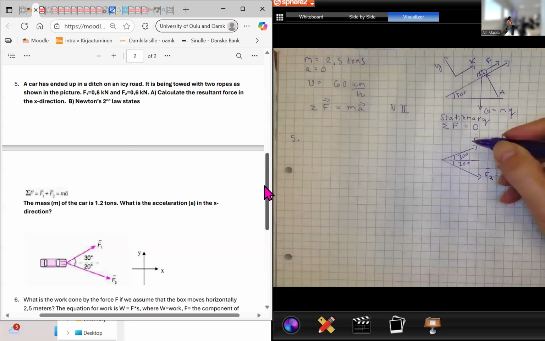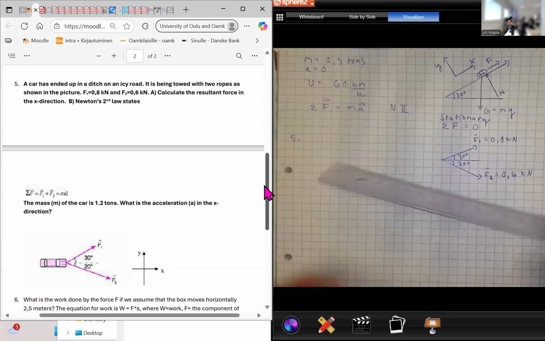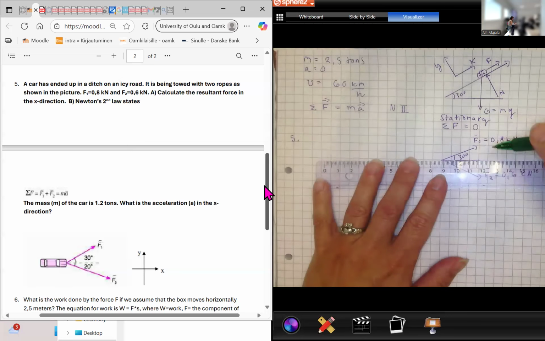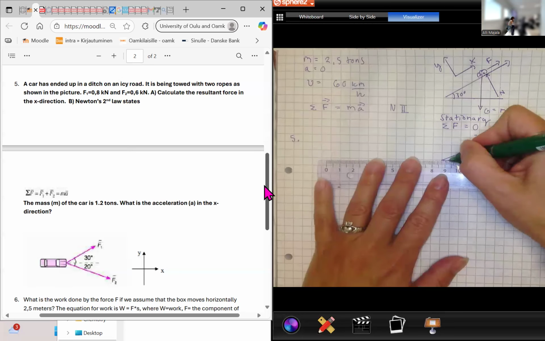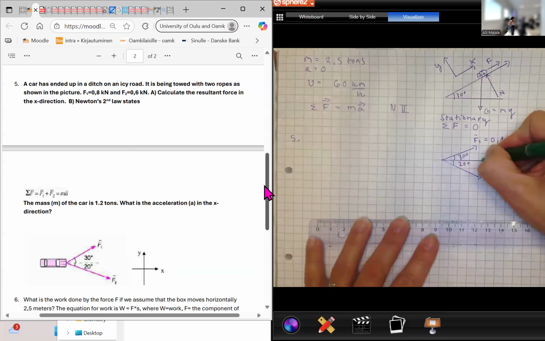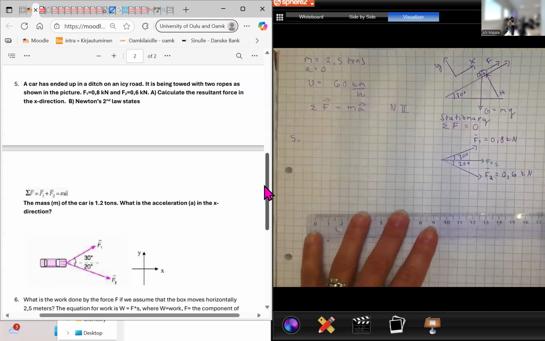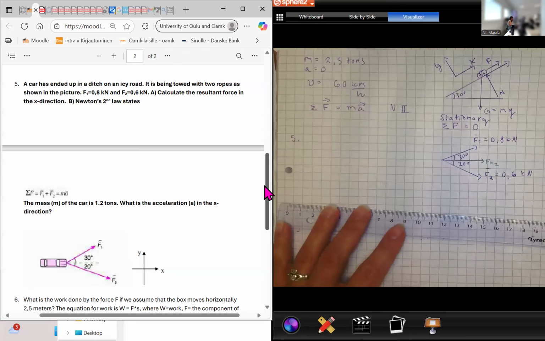You just have to calculate the components in the x direction of both of the forces, yeah? So there's one component and another component. This component of, for example, this force is until here. Here's the fx2. Now in my picture, these even look the same length.